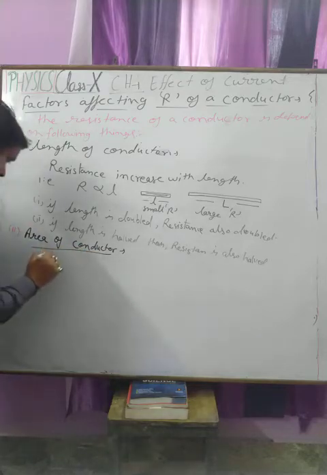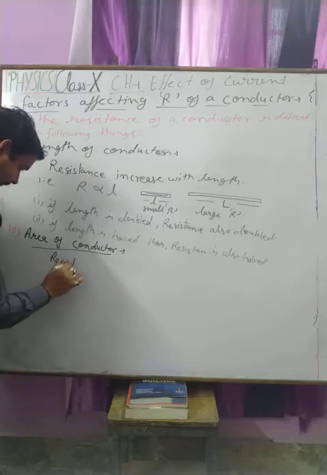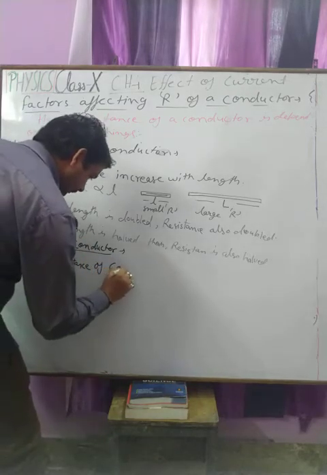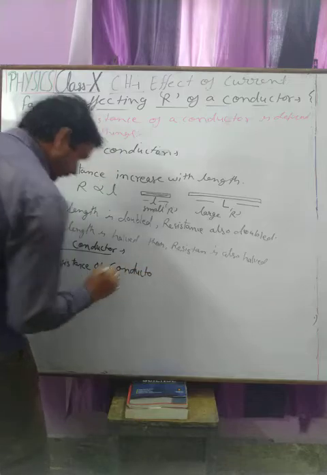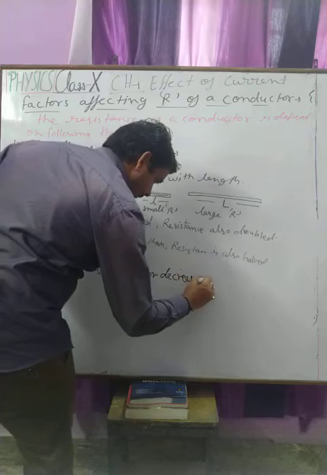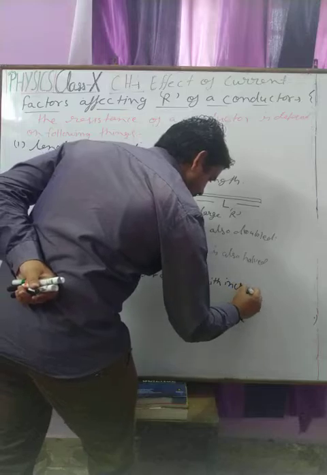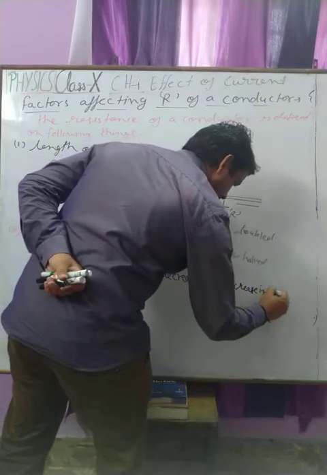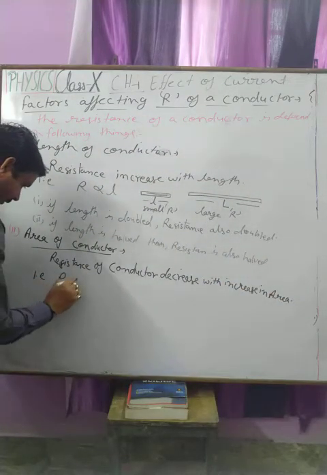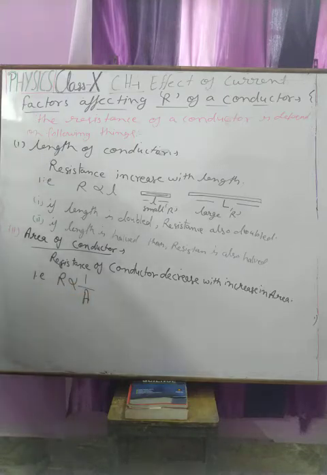It is observed that the resistance of a conductor decreases with an increase in area. That is, the resistance of a conductor is inversely proportional to its area.